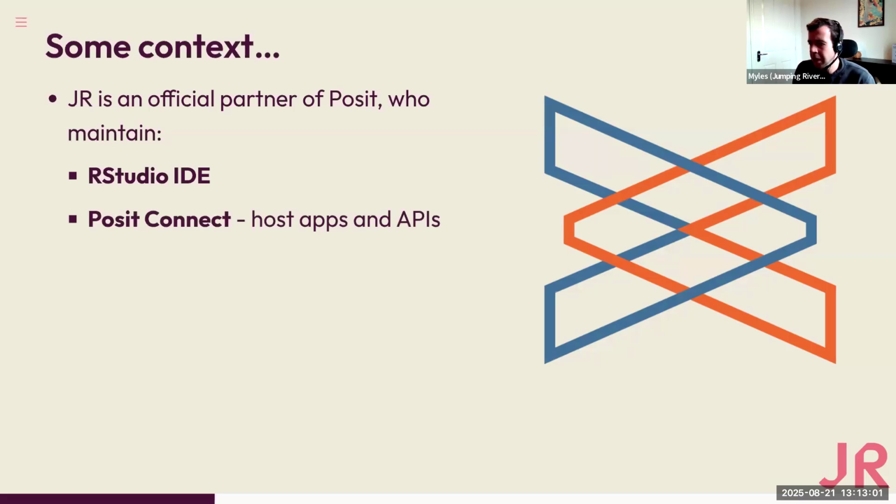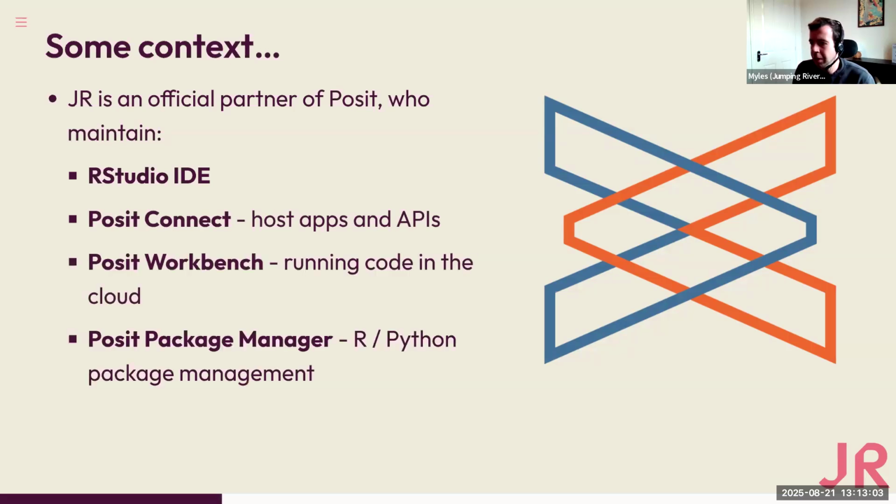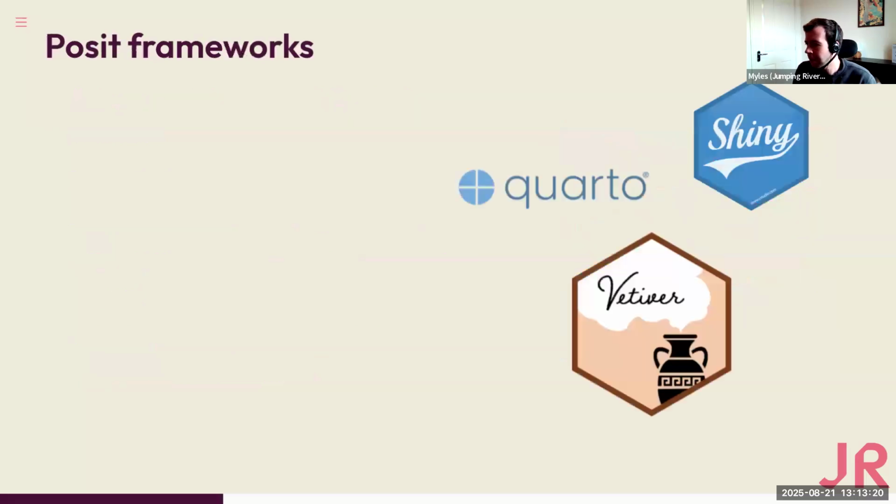Posit also maintain various cloud platforms, including Posit Connect, which is used for hosting apps and APIs, Posit Workbench, which is a cloud environment for running code, and Posit Package Manager, which is a really nice environment for managing R and Python packages for your projects.